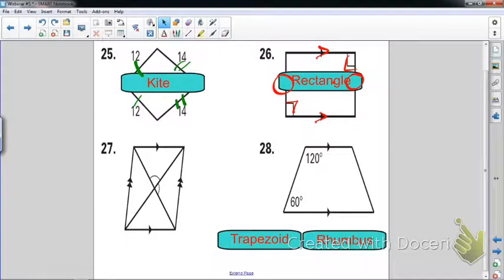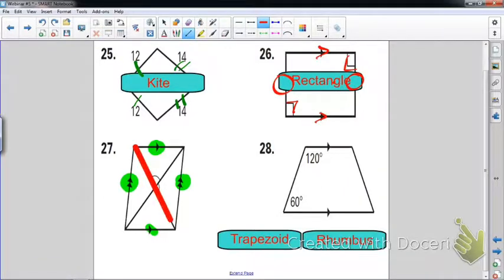So the next one, look at the information that's being given to us. It tells us that we have sides that are parallel, and we also have diagonals here. Let me go ahead and put them red. They bisect. They're unique because they do bisect one another, but then they give us another piece of information, that this and this right here.